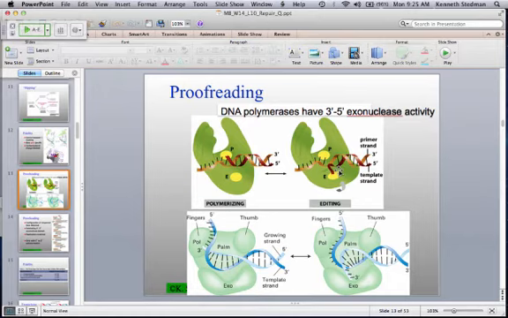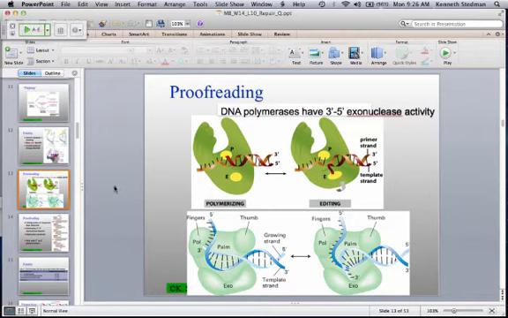If it doesn't make a nice base pair, what happens is that pairing, you have just shown here on the top, pops off this base which is not properly paired, chews off that phosphodiester linkage, and then continues to extend. And so this is the so-called proofreading activity. Most DNA polymerases, not all of them, but most DNA polymerases have this proofreading activity.